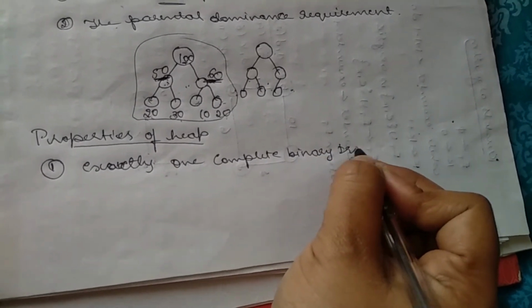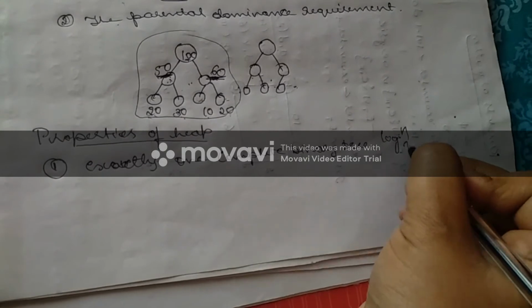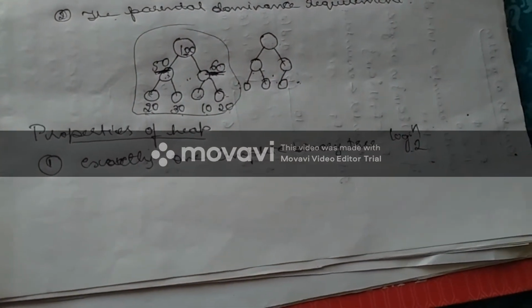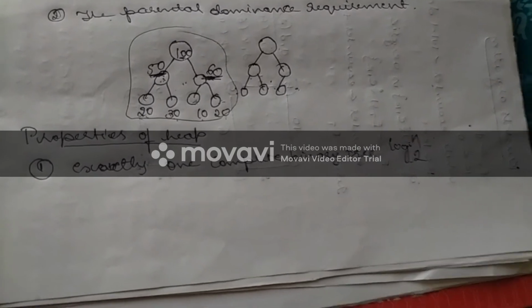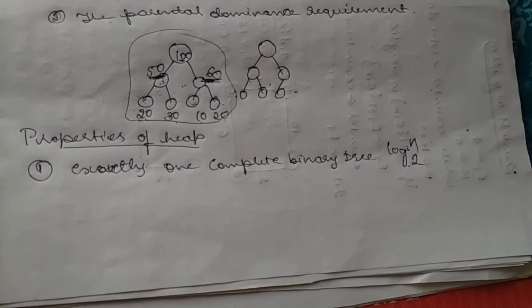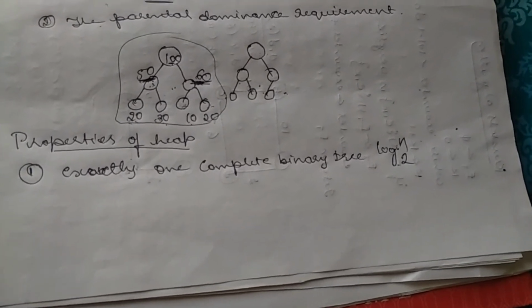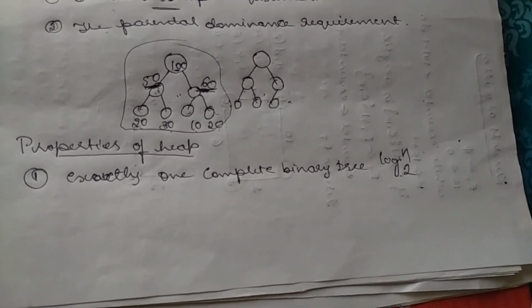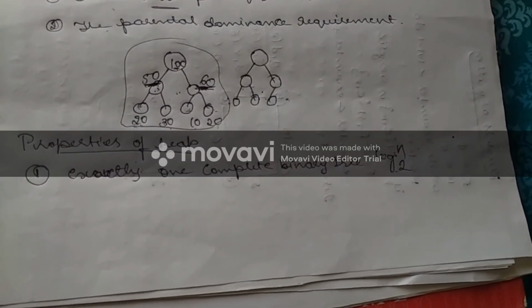Okay, and its length is calculated as log n to base 2. If you are constructing a heap, it must contain exactly one complete binary tree. It should not contain more than one binary tree. That is the very first property of heap. It must contain exactly one complete binary tree.